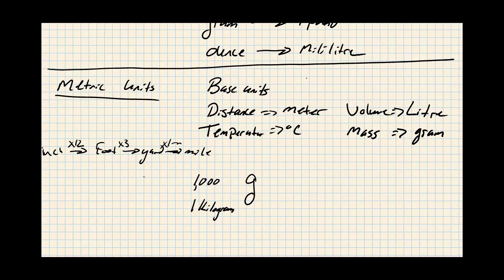If you had 1,000,000 grams, you'd say you have 1 megagram. If you had 1,000,000,000 grams, that'd be 1 gigagram.